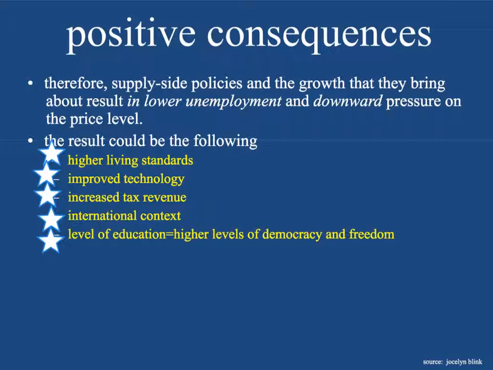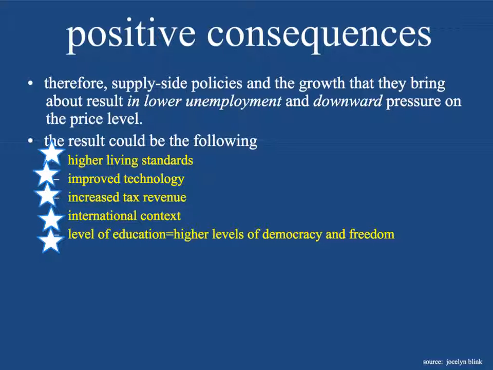And the result of that is that as people become more educated, they are also less likely to be fooled by politicians. They're less likely to be ignorant of other options in life. And as a result of an increased education level and access to information, they can demand more from their government. And so increased levels of education tend to push towards democracy.